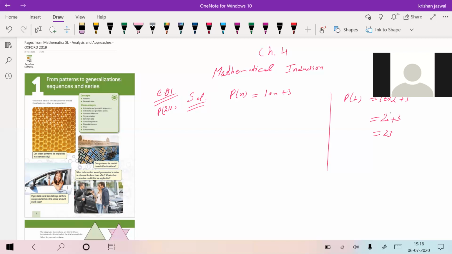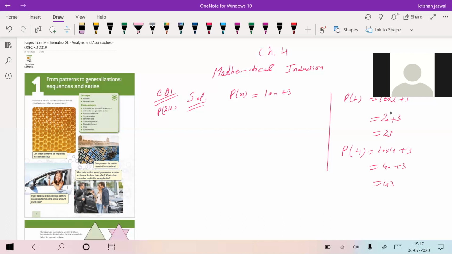If we take any value of n which is not divisible by 3, then Pn is 23, which is a prime number. Take any other number, for example 4, which is not divisible by 3. 40 plus 3, 43.